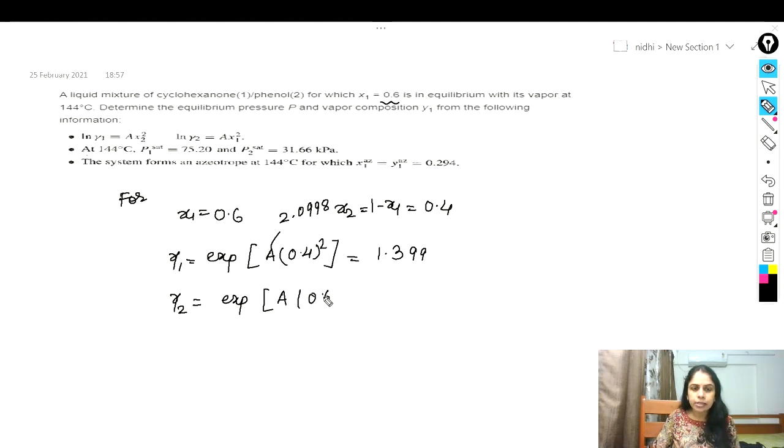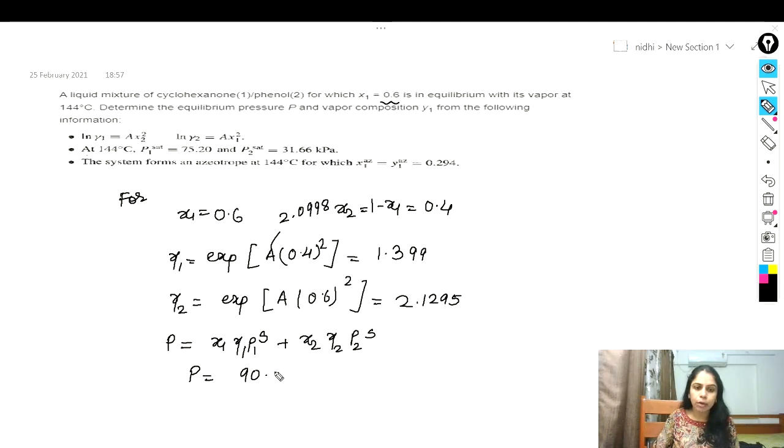And 0.6 square, so you will get 2.1295. Now we know that the formula for the total pressure is x1 gamma 1 P1s plus x2 gamma 2 P2s. Now just substitute all the values and you will get the total pressure, which comes to 90.09 kilopascal.